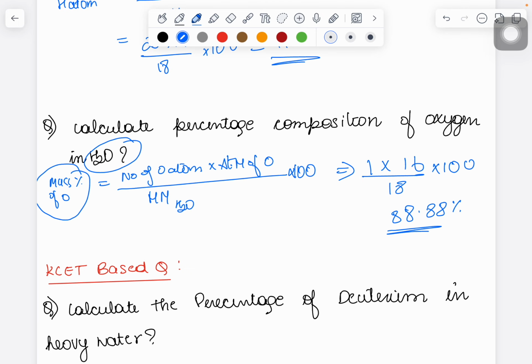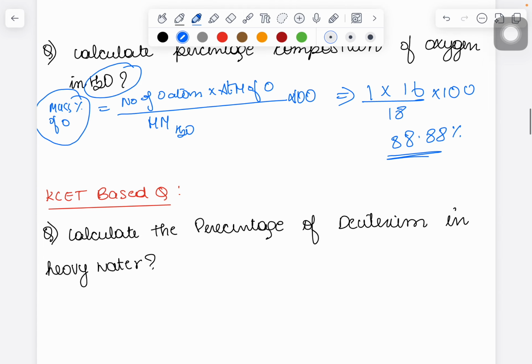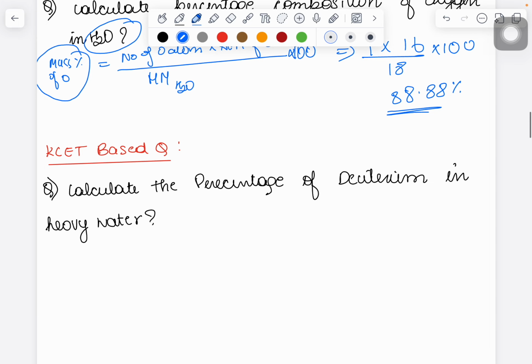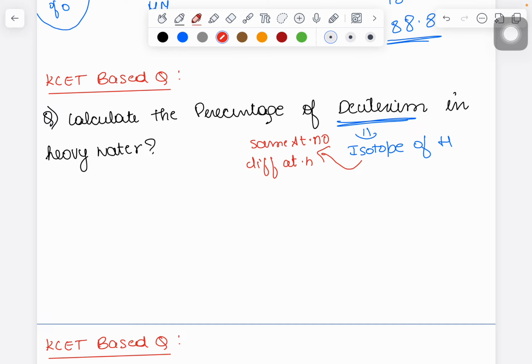Is it clear? Now let's see a few KCET based questions. First one: calculate the percentage of deuterium in heavy water. What is deuterium? It is an isotope of which element? Hydrogen. And what is an isotope? Atoms that have the same atomic number but different atomic mass.